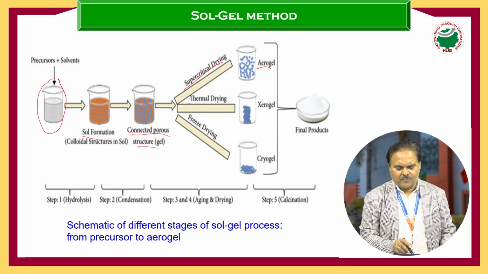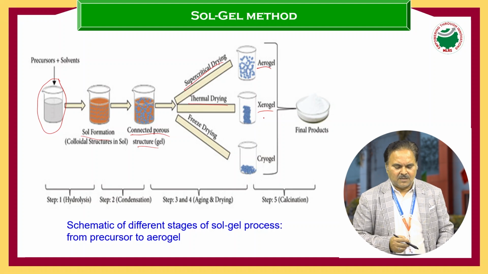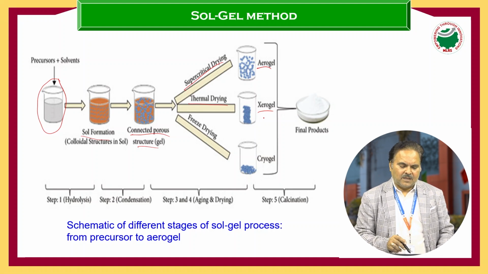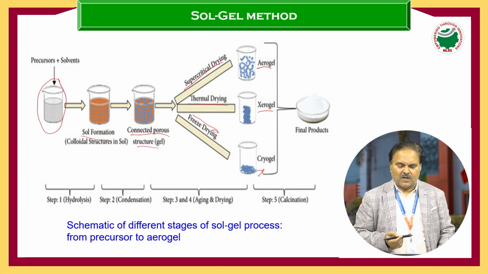And directly drying also, you will get xerogel or aerogel. These are just methods. Then freeze drying: same temperature, if you keep it for more time, then you will get the cryogel. So there are different ways of eliminating the extra water quantity. Then if you calcine these gels, you will get the final product.